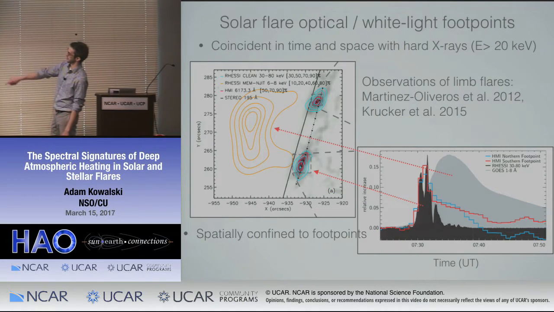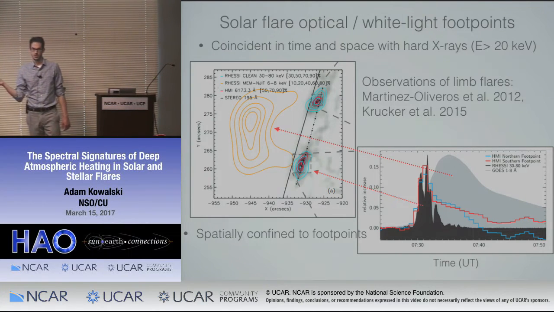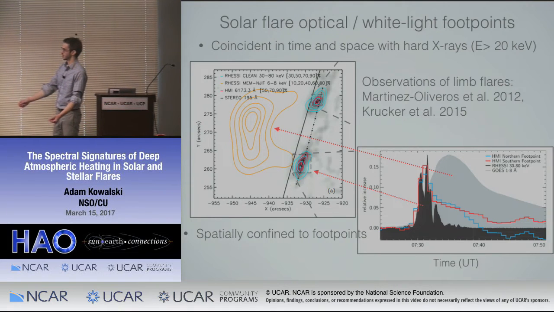The limb is the solid line you see there, and the cyan contours are the hard X-rays, and the red contours show the optical emission, and the optical emission is often used as a proxy for the broad continuum emission. So they're spatially coincident, and they come from lower in the atmosphere. The orange shows the soft X-rays, the loops that fill with hot plasma.